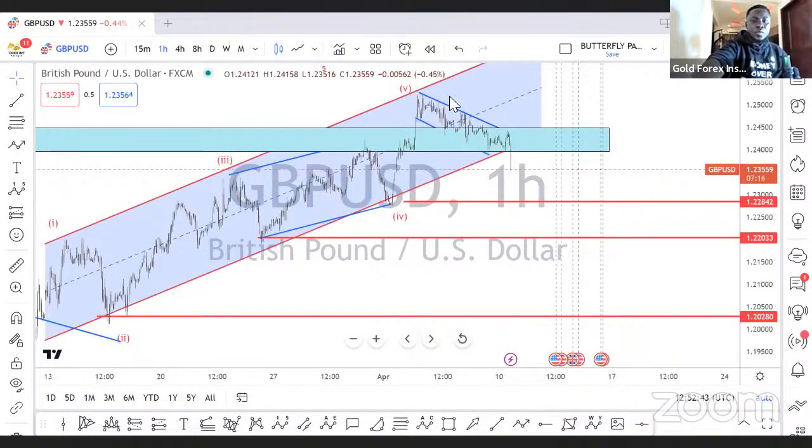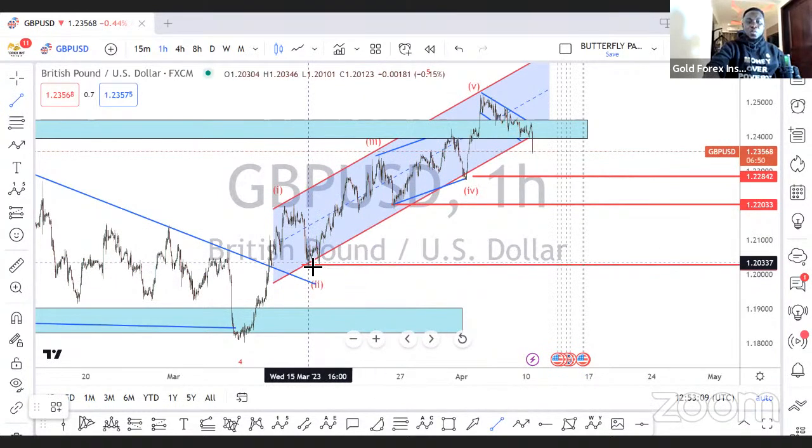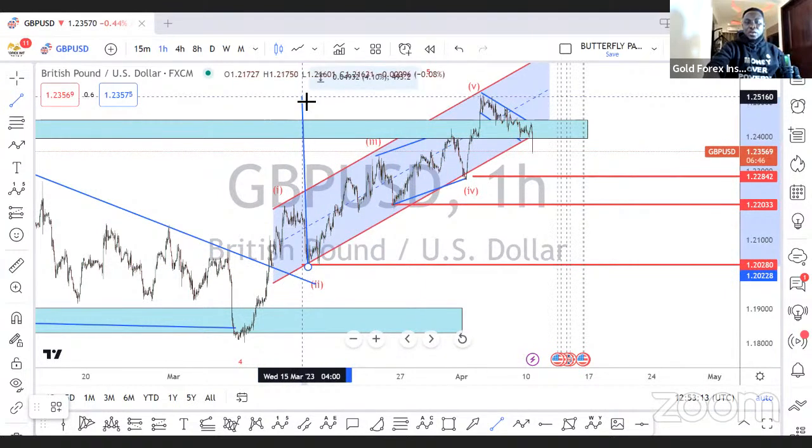Now, when it gets to an ending diagonal in wave 5, the rule states that the start of the ending diagonal, the lowest point of the diagonal and the highest point of the diagonal could be the ending part of the correction. That means that when you see an ending diagonal formed, you mark the lowest point of the ending diagonal to the highest point of the ending diagonal.